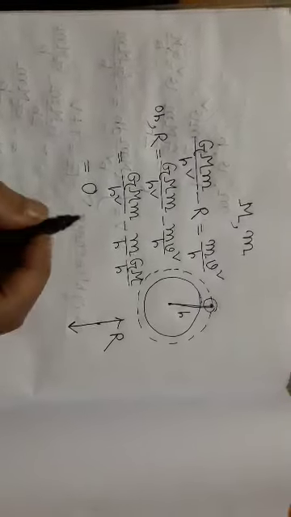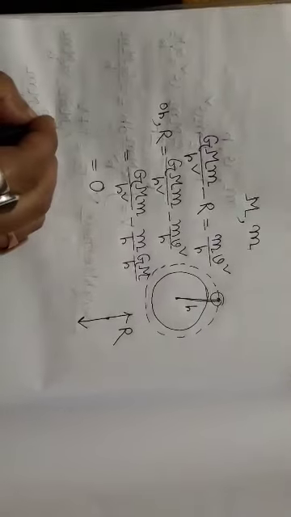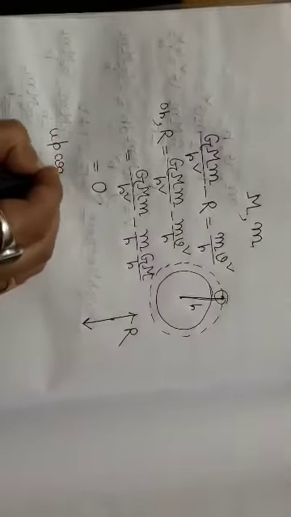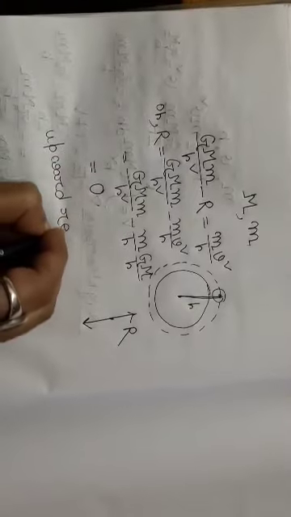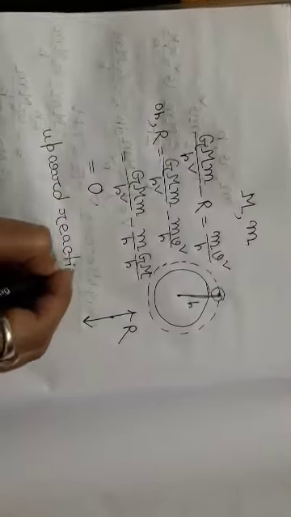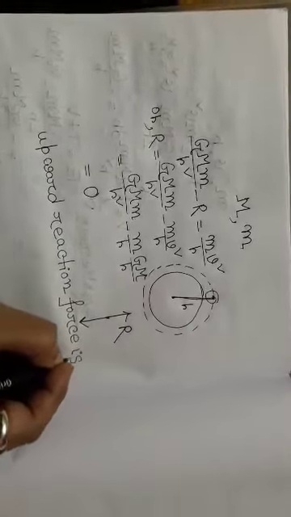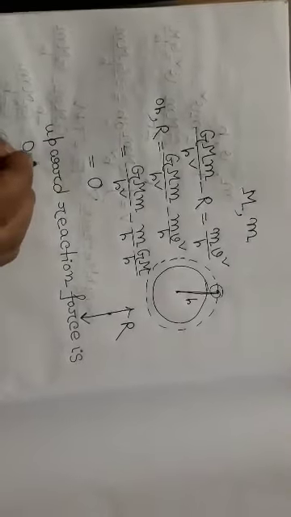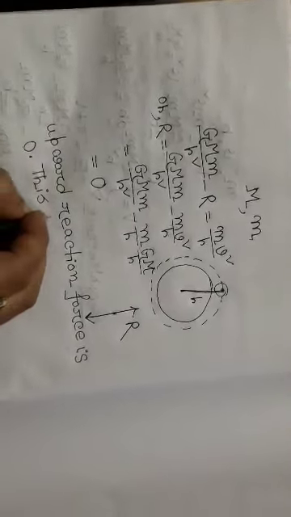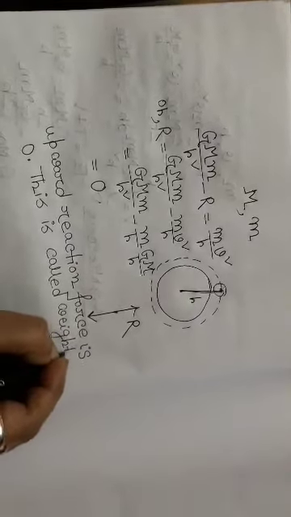That's why any person or an object inside an artificial satellite is in weightlessness condition. This is called weightlessness.